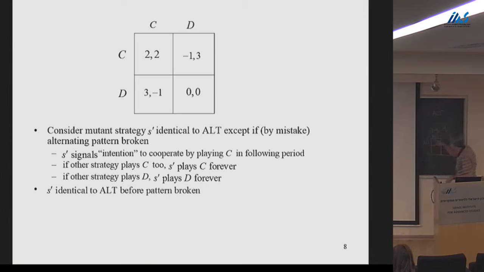Well, in that case, alt against alt gets 0 because it plays D every period. S prime against alt does badly in the first period because it cooperates that first period, but after that it plays D, so it's going to get 0. Alt against S prime gets 0, but S prime against S prime gets a payoff of 2.